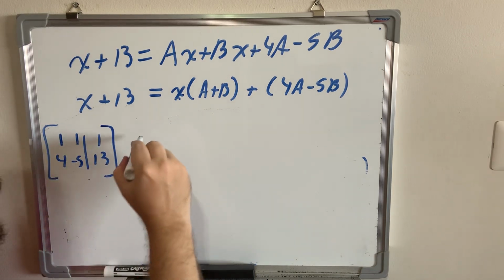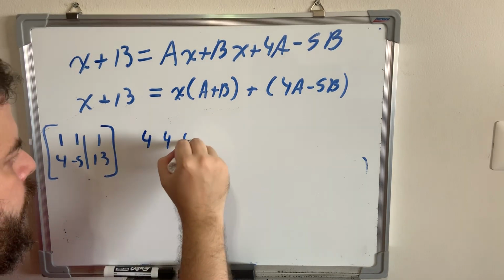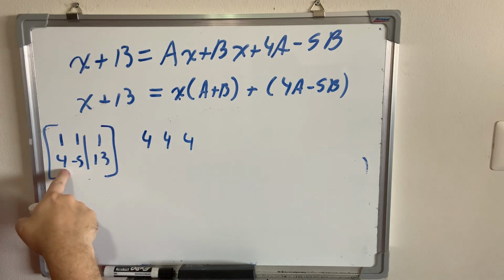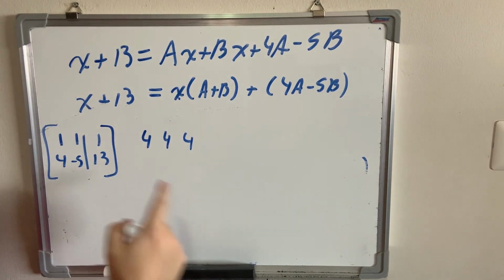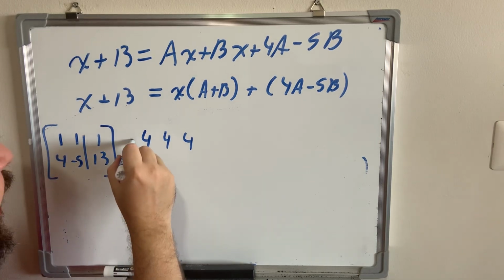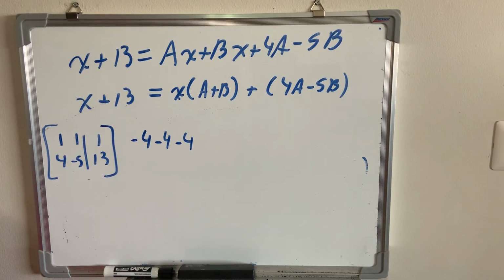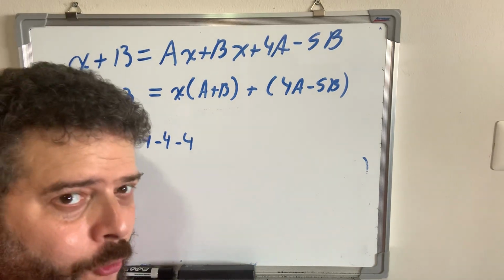So I multiply the first one by 4, and I add it to the bottom one. I have to actually change it, I have to multiply it by -4. I have to multiply everything by -4.